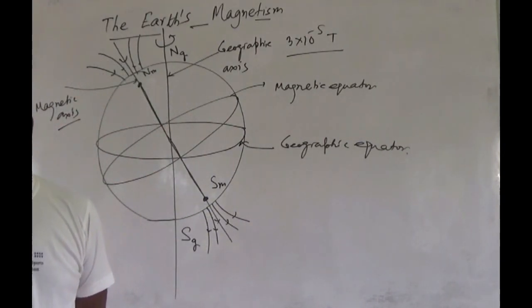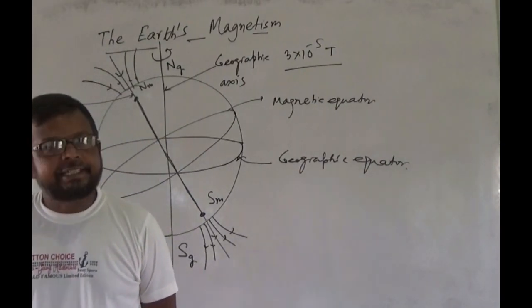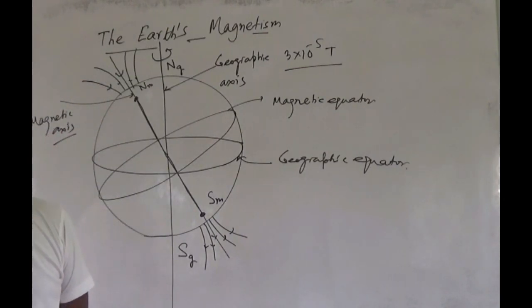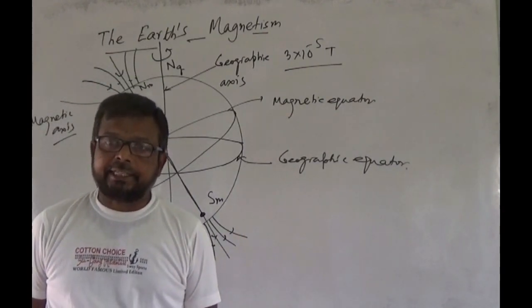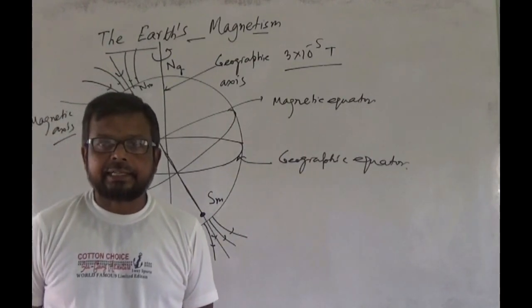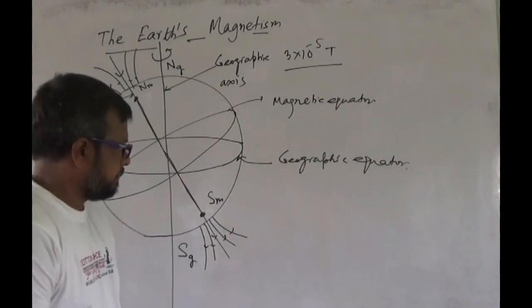We have already told you. These are magnetic declination, second is magnetic inclination or dip, and third is the horizontal component of the magnetic field of the Earth.